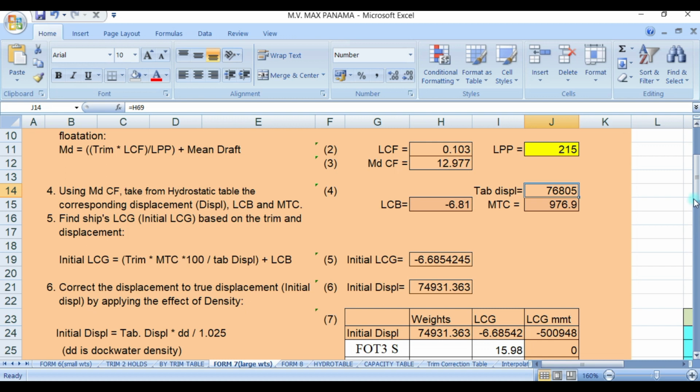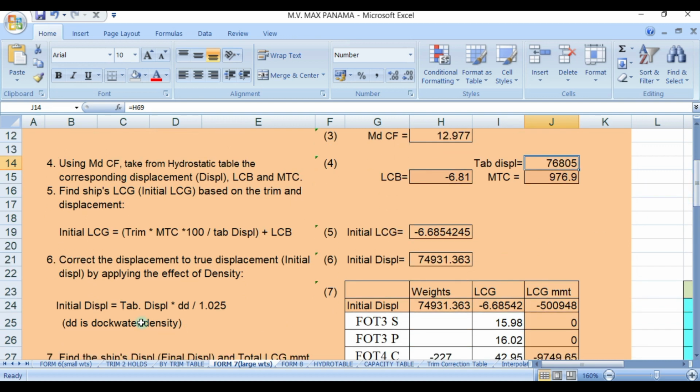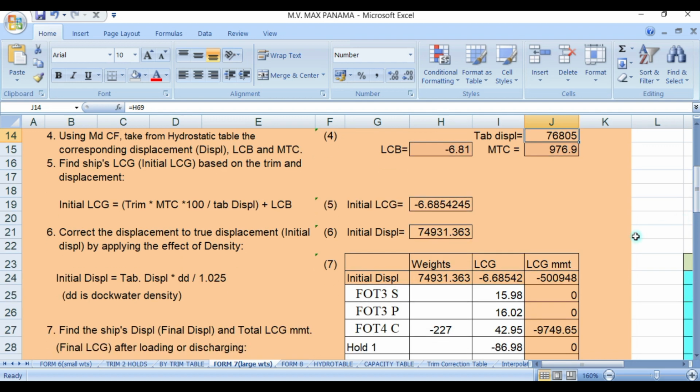By way of this formula, the initial displacement would be 74931.363. Okay, so initial displacement would be this value.